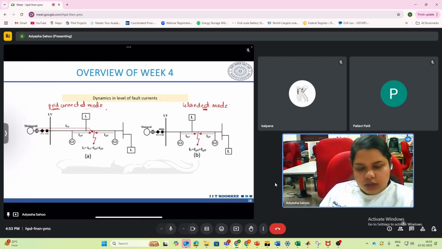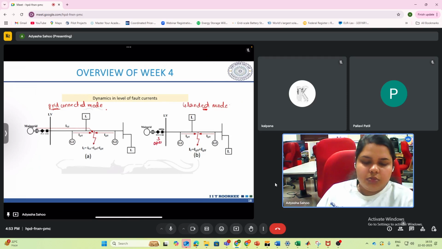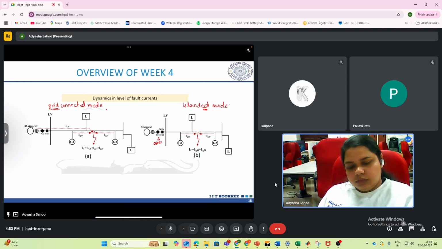Basically, this breaker status is open here. That means it is cut off from the main grid. So hence this is the islanded mode and this is the grid connected mode.